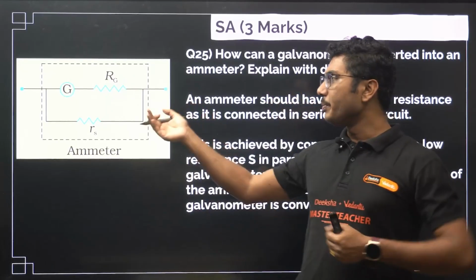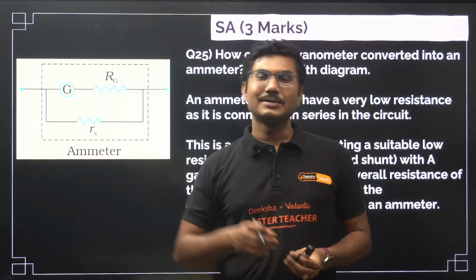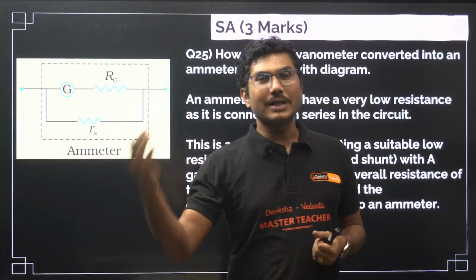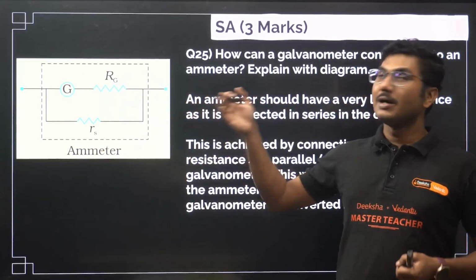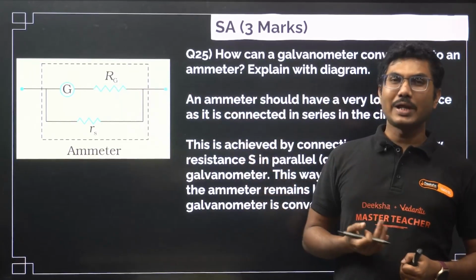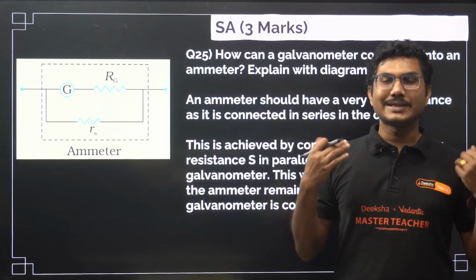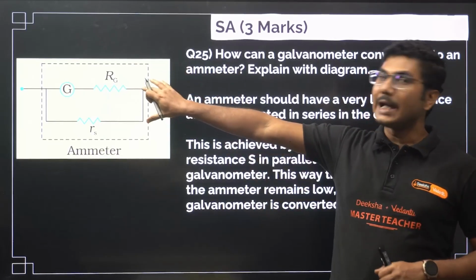Now, if the voltmeter or ammeter that I am connecting is not correct, say the voltmeter has a very low resistance and the ammeter has a very high resistance, then what will happen? The current that I am trying to measure will not be the same while I am using this device.